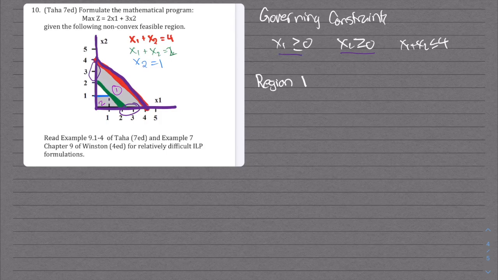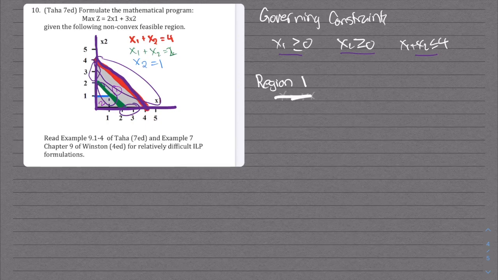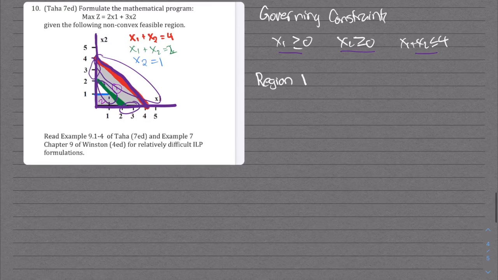Now let's get this line. That line is also governed by this line, which is already x1 plus x2 is less than or equal to 4. Therefore, the other boundary that's left is this line, which is given by x1 plus x2 is greater than or equal to 2. That's the only additional constraint needed for region 1.